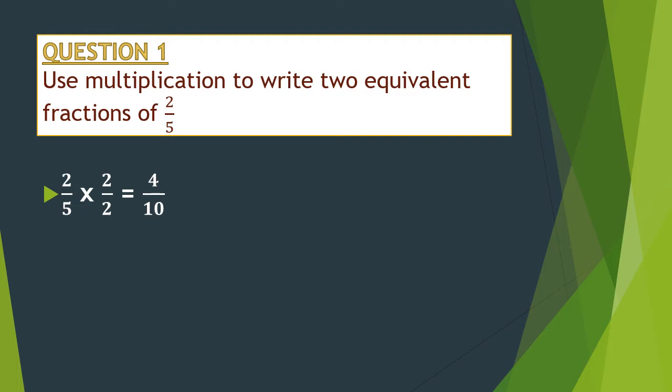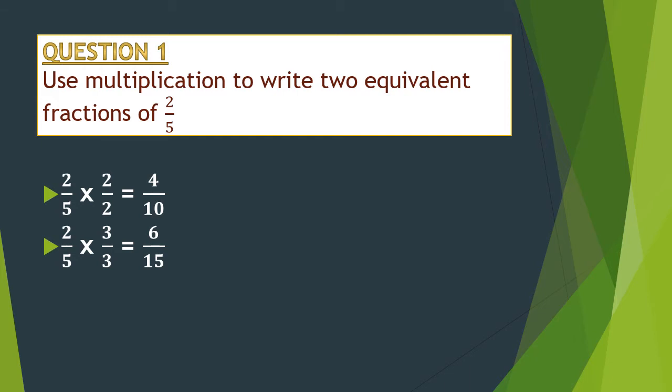When you reduce this 4 upon 10, you will definitely get 2 upon 5 only. Now another equivalent fraction: 2 upon 5, when multiplied by 3 in the numerator as well as in the denominator, we'll get the answer as 6 upon 15. So 6 upon 15 is another equivalent fraction of the fraction 2 upon 5.